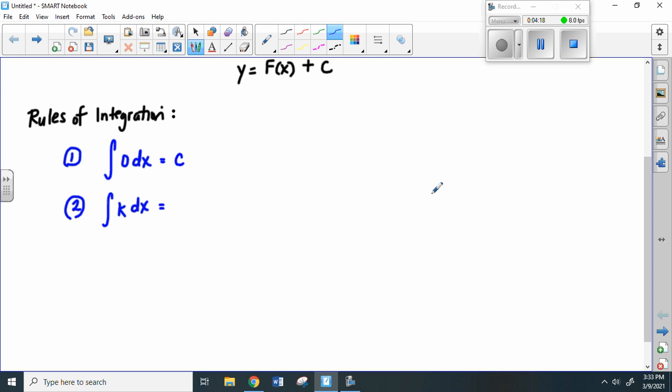When you take the derivative of a linear function like 3x, you just get the 3. So the idea here is we're starting with the 3 and we're working our way back to the 3x, okay? And so if you're integrating a constant, then you get the constant times x, and then you also need to add c.